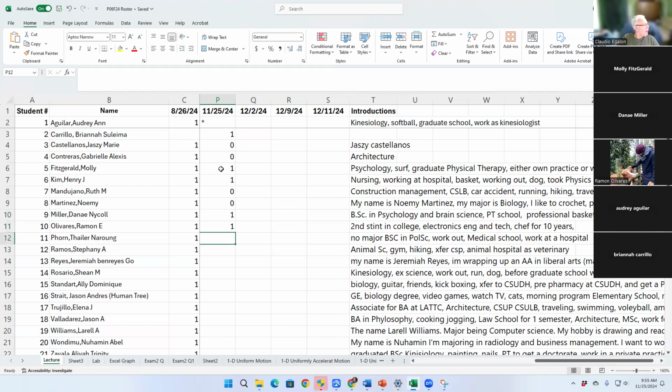Taylor Ford. I don't see Taylor. Stephanie Ramos. I don't see Stephanie here either. Next, Jeremiah. Thank you, Jeremiah. Sha Rosario. I don't see Sha. Ali Standard. Hello, Ali. Okay, I'm gonna put a star for Ali so far. Jason Strait. Here. Thank you. And Jason is here. Elena Trujillo.